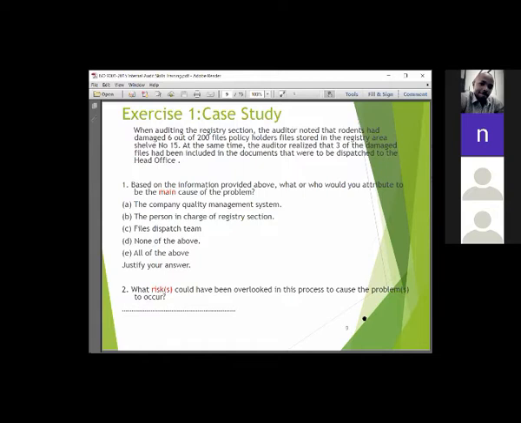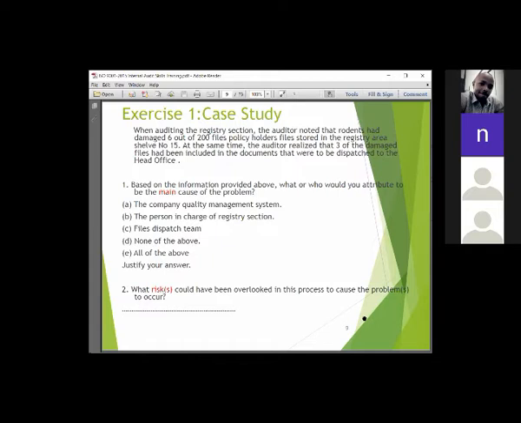So Mr. Mutedia will go for E, all of the above. Okay, let's hear from the others. Can I give a reason? You'll give us a reason later on.